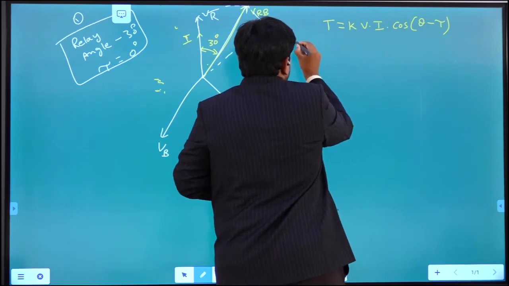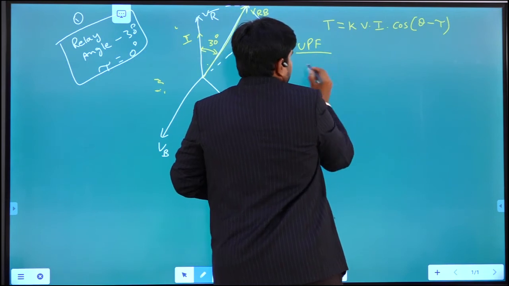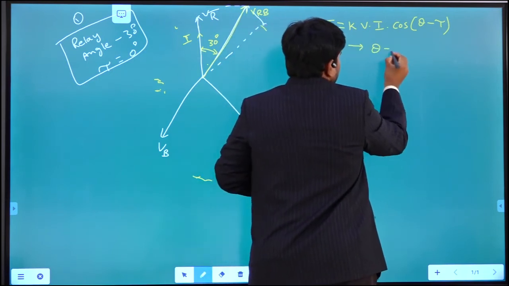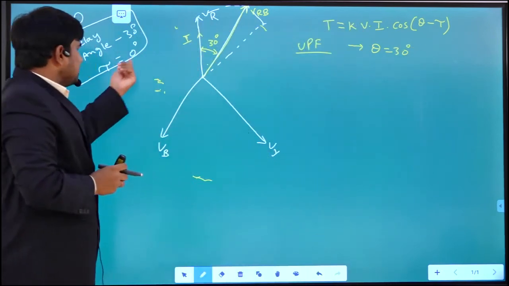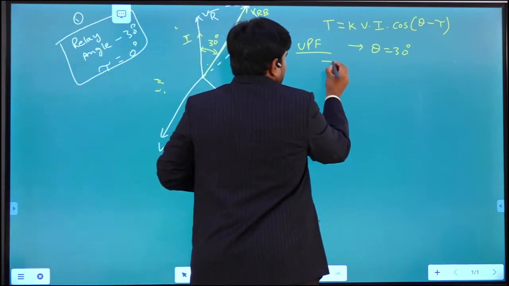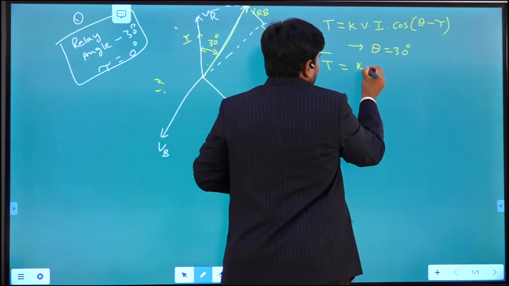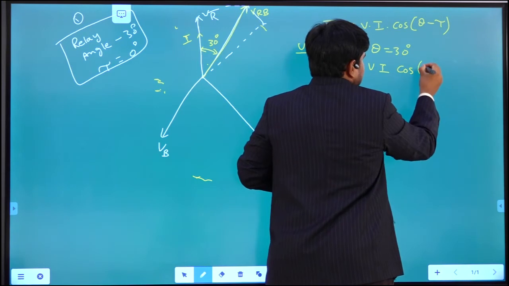Let it be case 1, unity power factor. So theta is equal to 30 degrees only, and we have discussed that tau is equal to 0. Now the torque T is equal to K into VI cos of (30 minus 0).